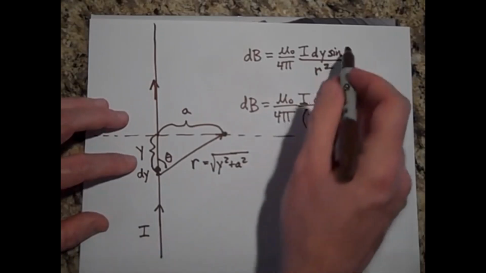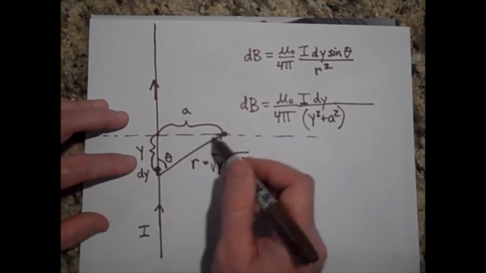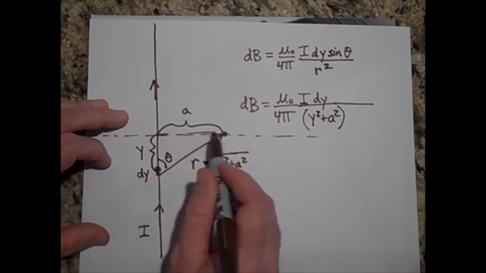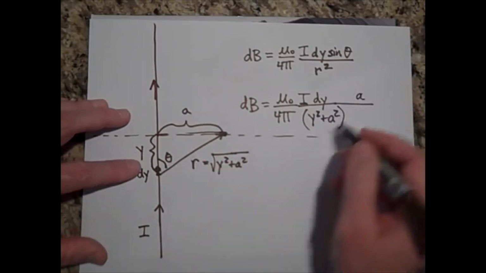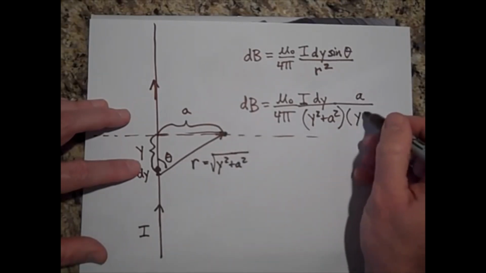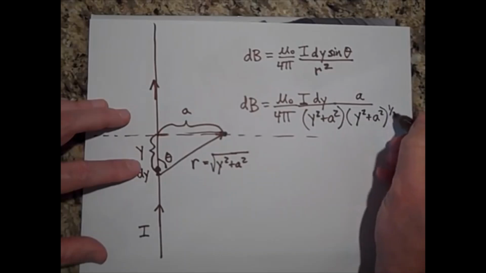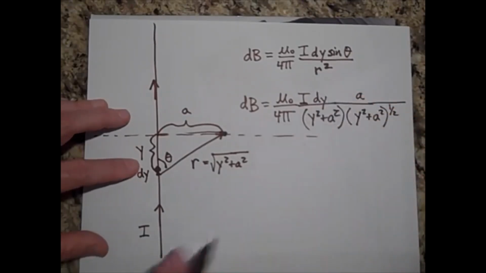And the sine of theta is the opposite side over the hypotenuse. So sine of theta is the opposite side, a, over the hypotenuse, and the hypotenuse is r again, so it's a over the square root of y squared plus a squared. There's no square root in the denominator of the original term because remember, we squared that r.